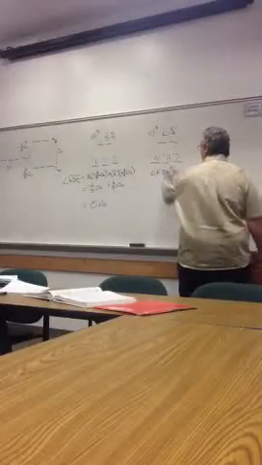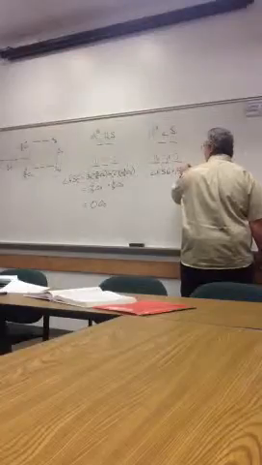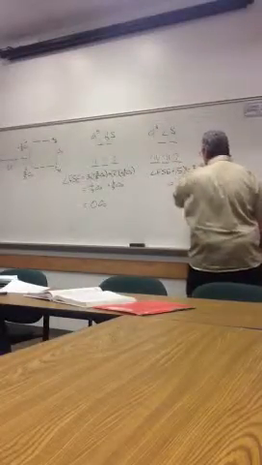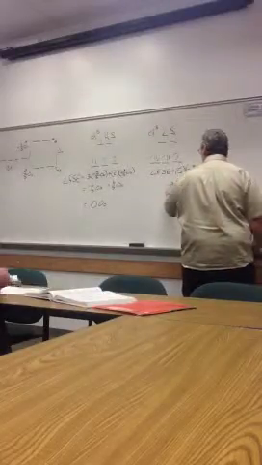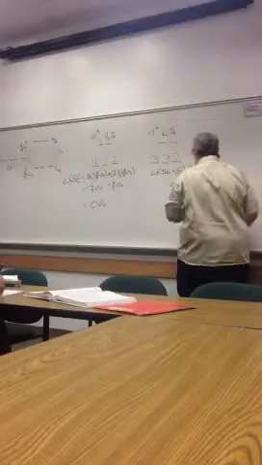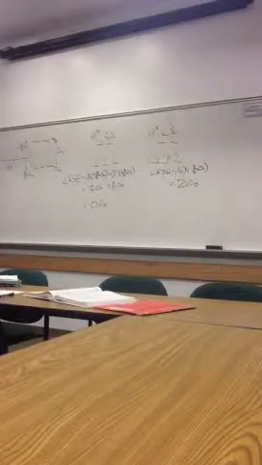So for the ligand field stabilization energy of the low spin D5 state, we now have 5 electrons in the T2G, each minus 2/5 of delta O, and here we end up with a negative 2 delta O, which means the low spin state is energetically favored.